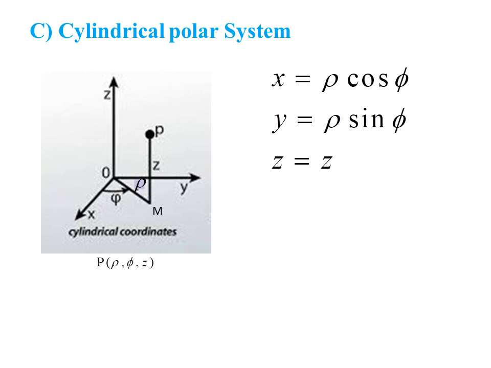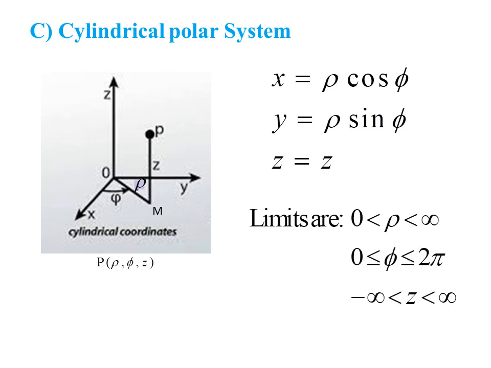With this transformation, the Cartesian system can be converted easily to the cylindrical polar system, and hence instead of limits of x, y and z, here we can use the limits of rho, phi and z as follows. Rho is varying from 0 to infinity, phi is varying from 0 to 2 pi, and z is varying from minus infinity to plus infinity. So this is our cylindrical polar system.